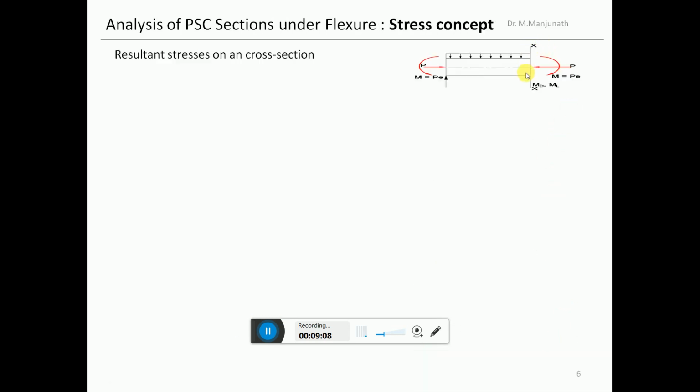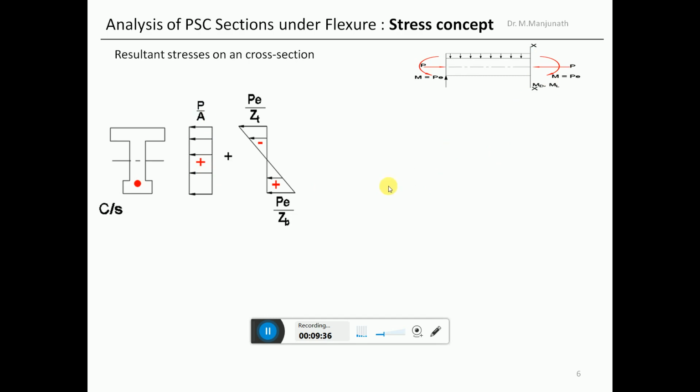So it is the same section shown here. The forces acting on the cross section and their effect can be considered one by one independently. So first, the pre-stressing force acting at the center will induce uniform compressive stress. We use positive sign for the compressive stress, and the moment due to the pre-stressing force will induce bending stresses.